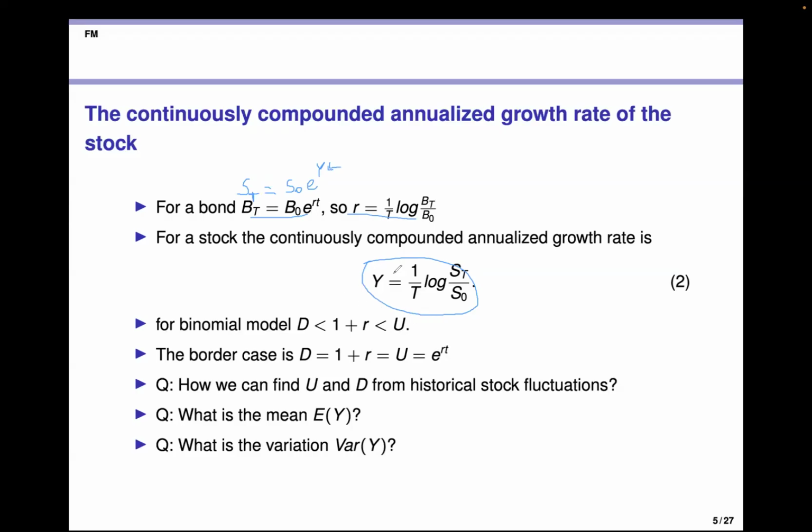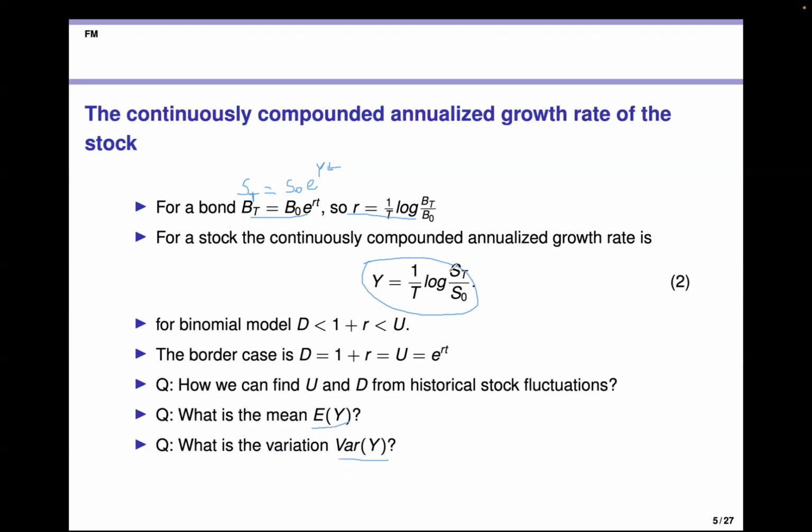It's very interesting in this case. It is a random value, because ST is a random value too. So we can find the mathematical expectation and the variance of this value.